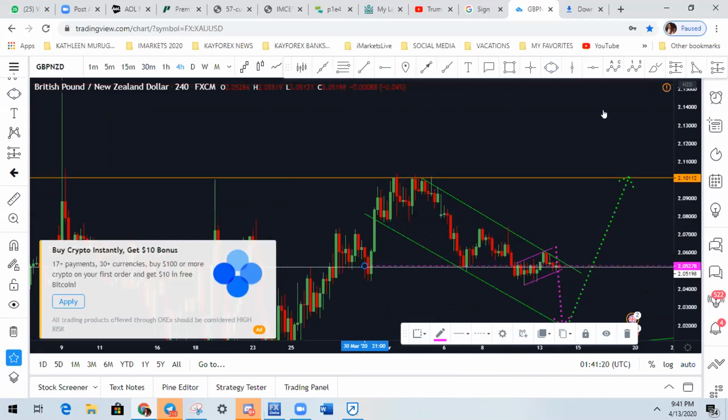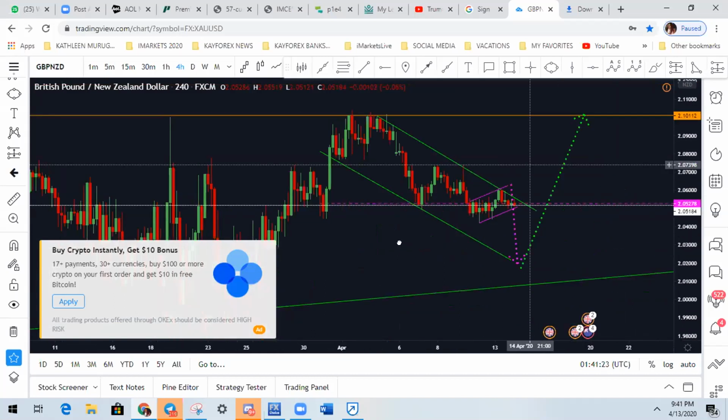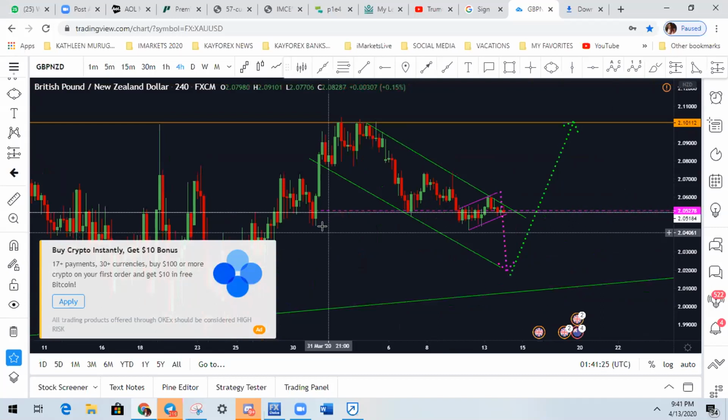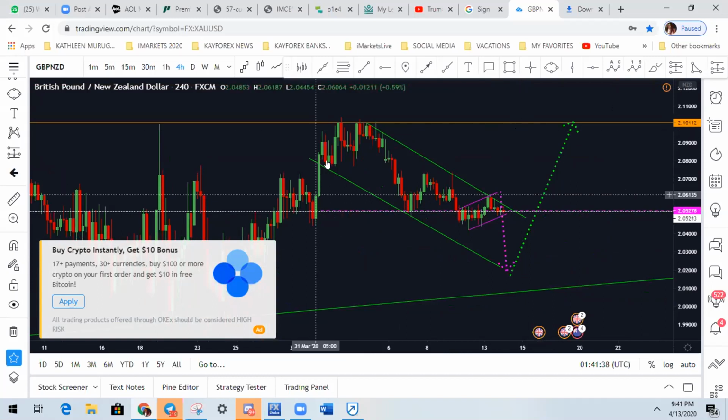My pink is the 4-hour, and that is right where price is. So we need to watch this because it could decide to keep going up like here and just make this move right here.